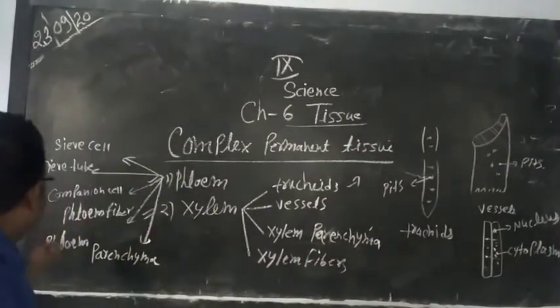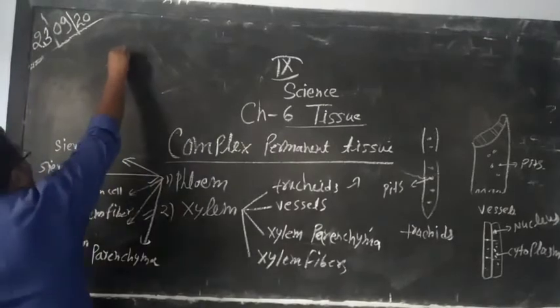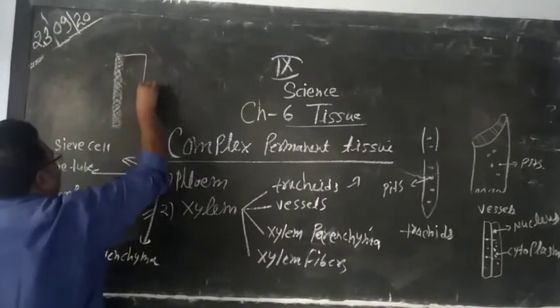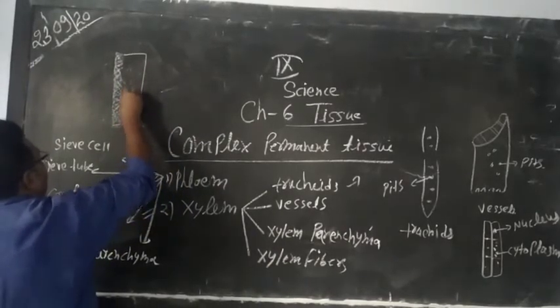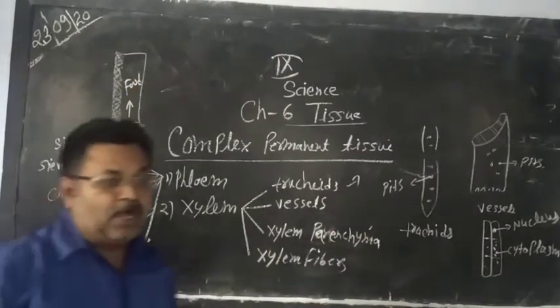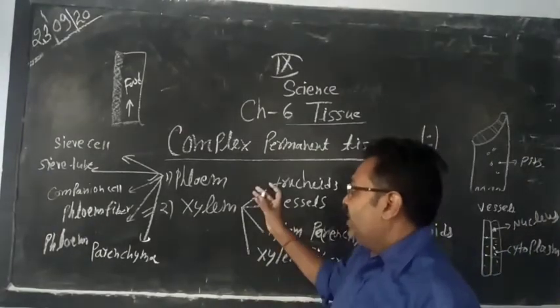These are cylindrical-like structures and they conduct food from leaves to all body parts of the plant.